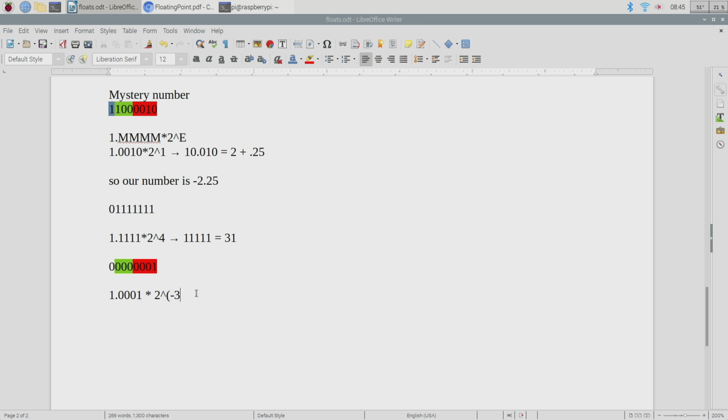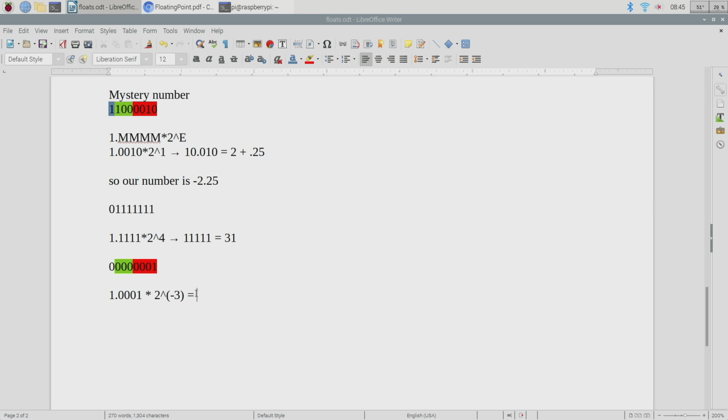And what does the -3 as an exponent do to our radix? Okay, so negative exponent, which way does it go?